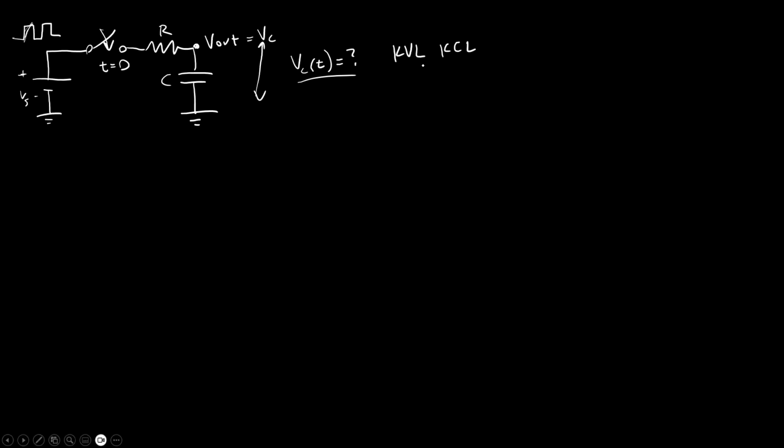So in this case, if I apply Kirchhoff's voltage law, I see that after that switch has closed, the voltage of the source is going to be equal to the voltage across the resistor plus the voltage across the capacitor. That's just adding those two voltages in series, setting them equal to the voltage of the source. And if I apply KCL, I know that since the resistor and the capacitor are in series, the current through the resistor is going to have to equal the current through the capacitor.